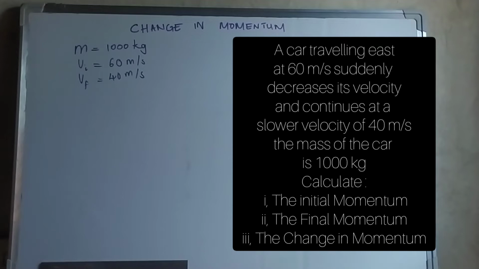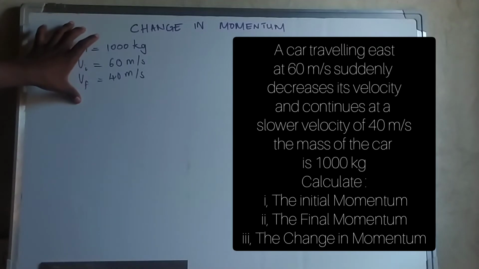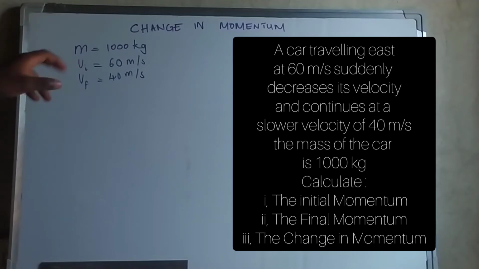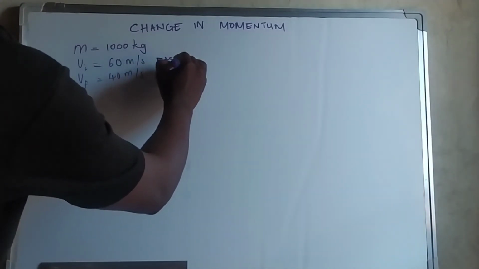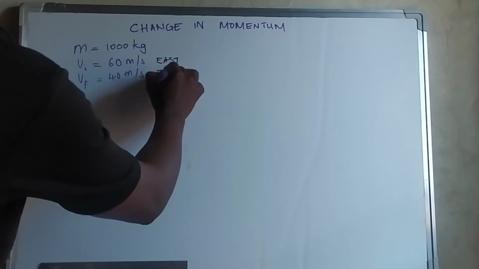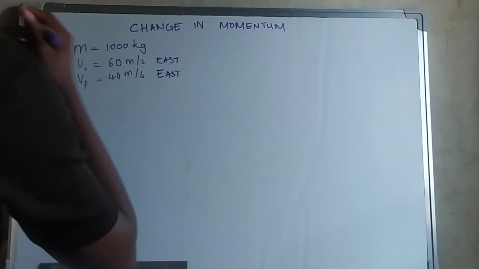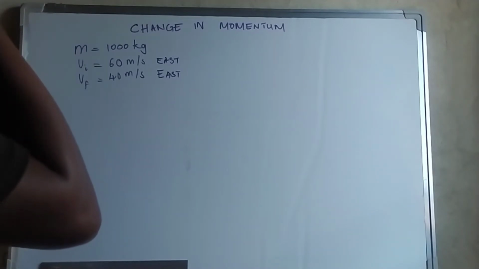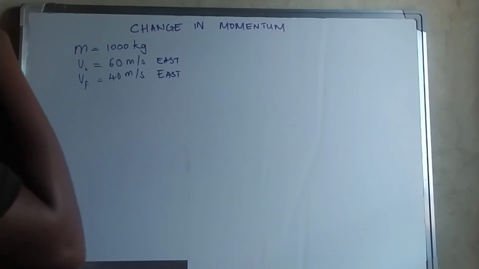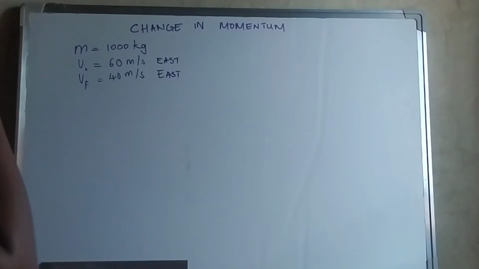Here I've written down the information we were given: a mass of 1000 kg, an initial velocity of 60 meters per second to the east, and a final velocity of 40 meters per second still to the east. We require the initial momentum, the final one, and the change.